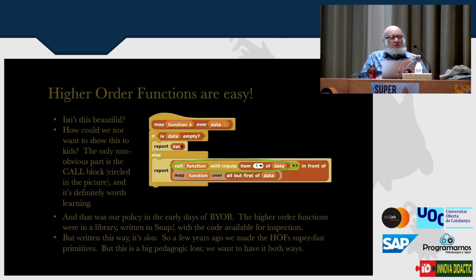And for a long, long time, we said no. We resolutely said we're not going to do that, because we believe in empowering kids, not disempowering kids. And so we don't want to give them something less than the power of Snap to work with. We got talked into it for reasons I don't have time to tell you.